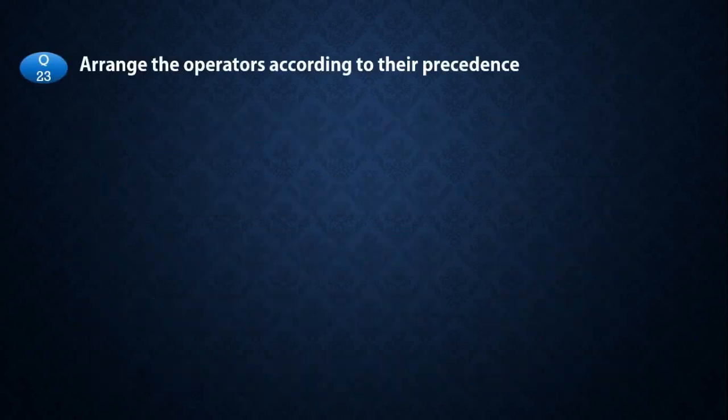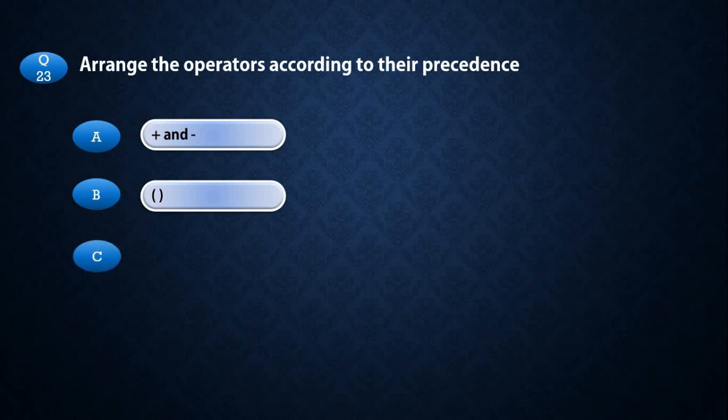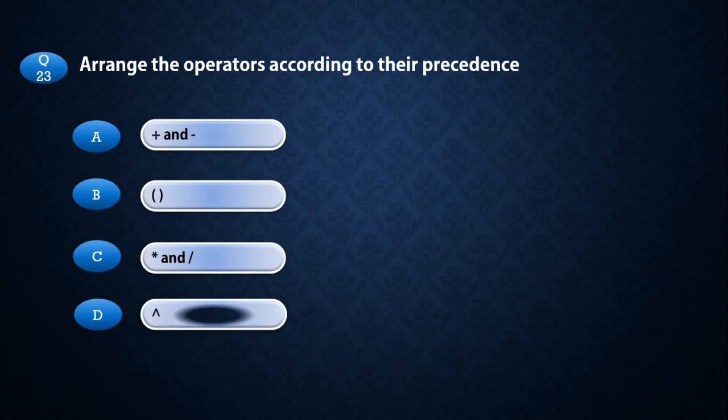Next question, arrange the operators according to their precedence. So when performing actions which have all the operators, which will be performed first? So the highest precedence, is it for plus and minus, brackets or parenthesis, multiplication and division, or the exponential operator?